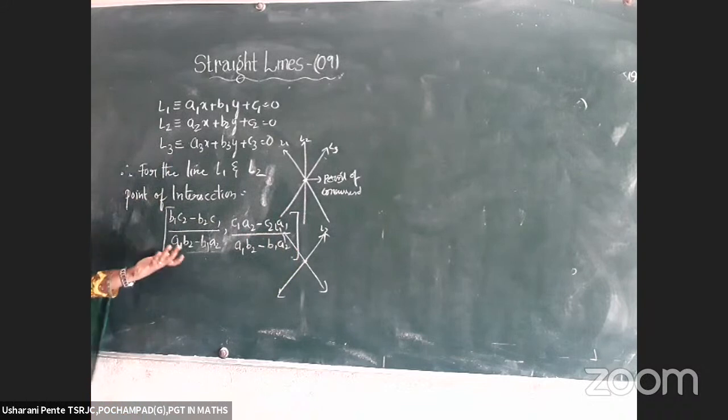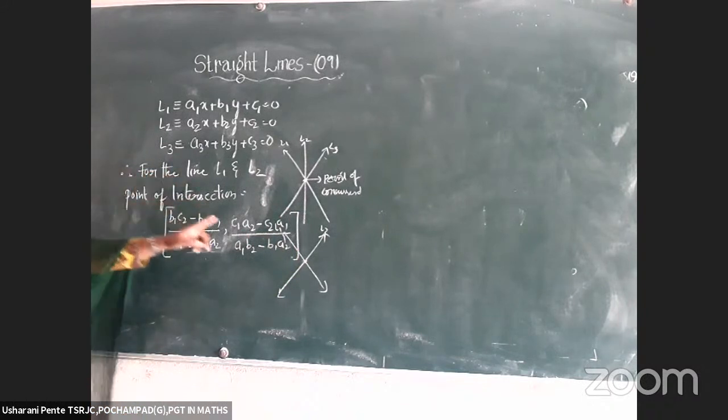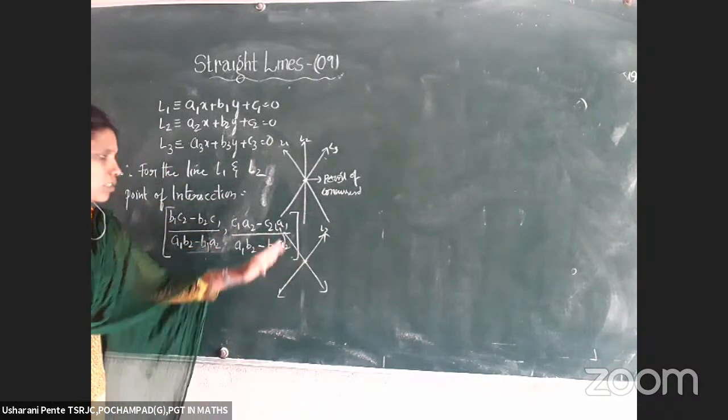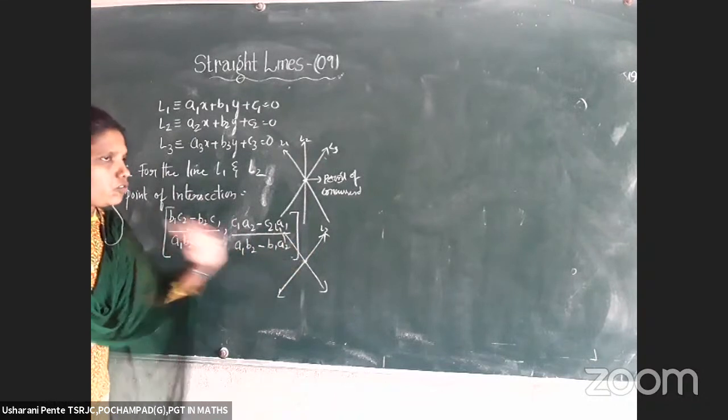This is the point of intersection of two lines.